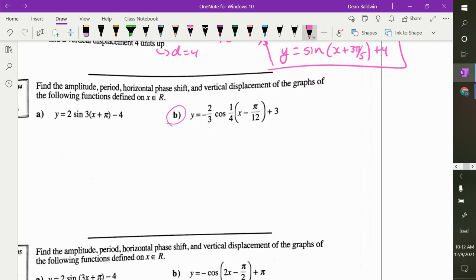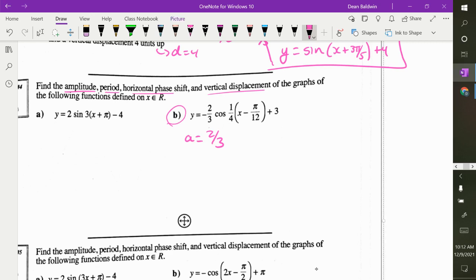Let's do B here. So now we're putting everything into one equation. I need, or they need, or somebody needs the amplitude, period, horizontal phase shift, vertical displacement of the graphs. All right. What's the amplitude? 2/3, right? We don't include the negative. We'll do period last.